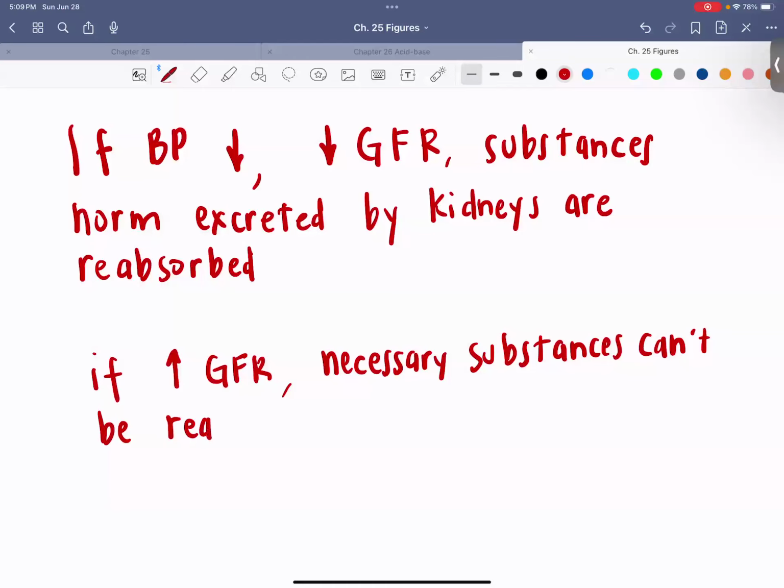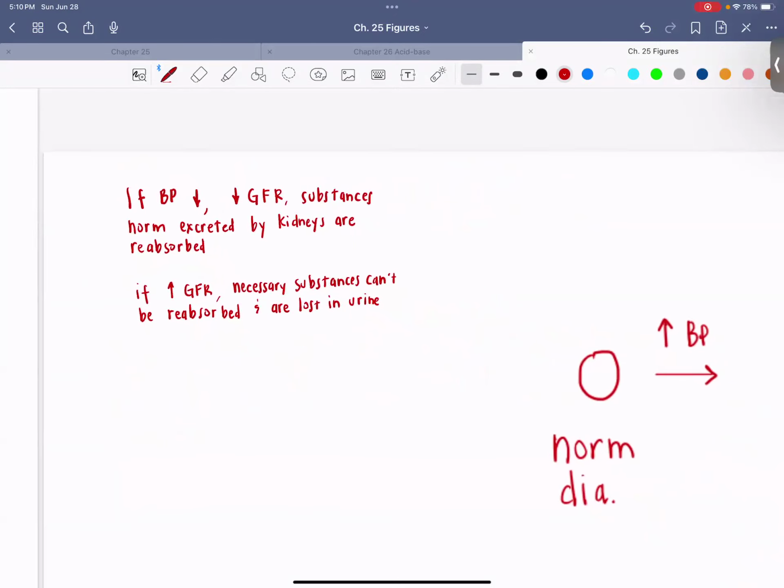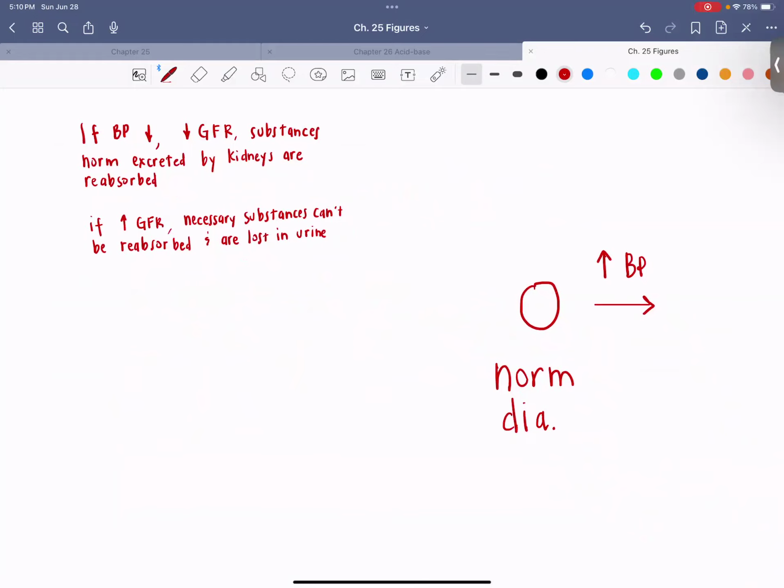And they're going to be lost in the urine. Hopefully that makes sense. It's lost in the urine if the glomerular filtration rate is too high, because the filtrate is moving through the tubule too quickly.